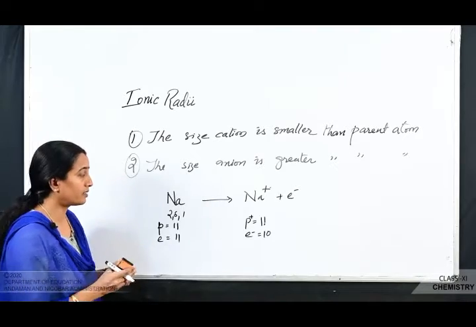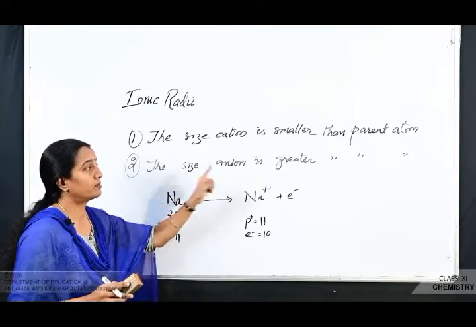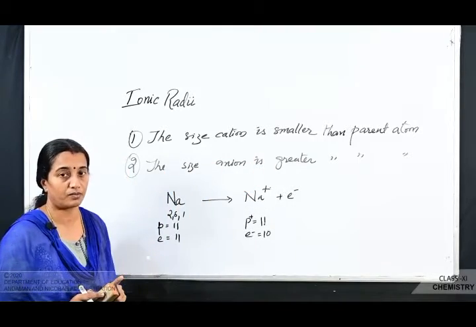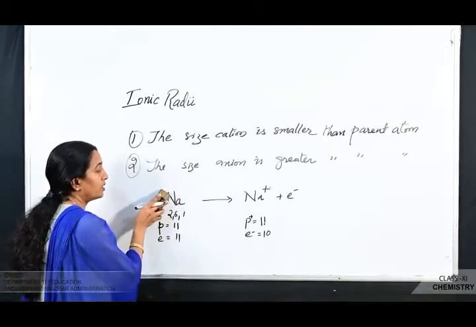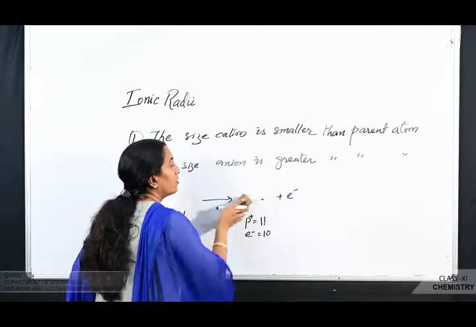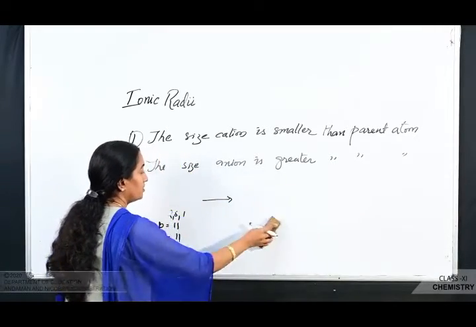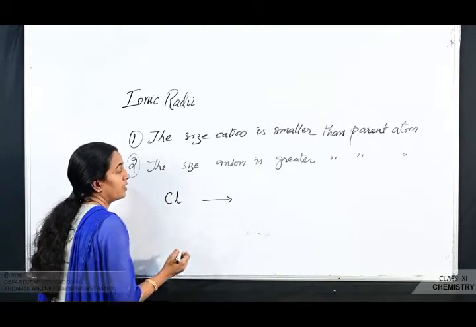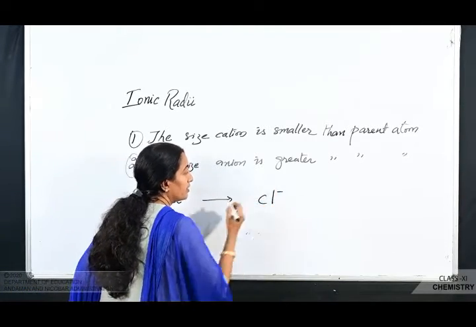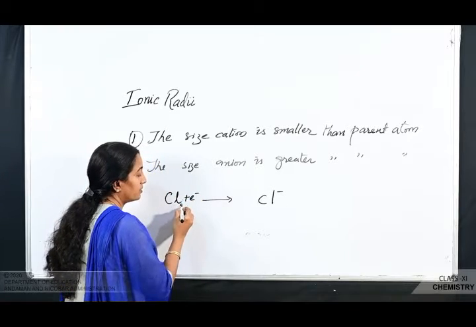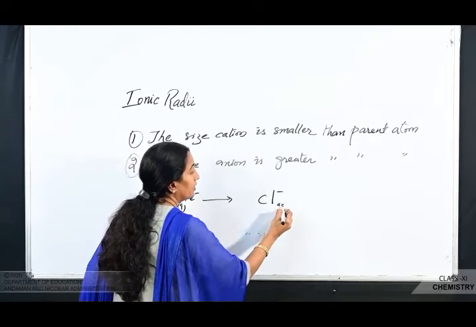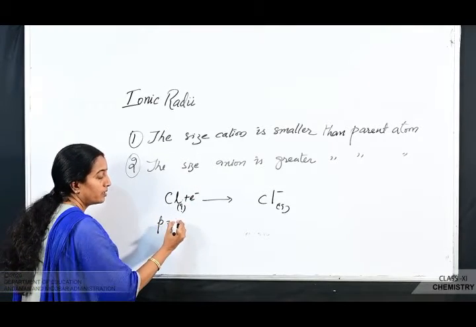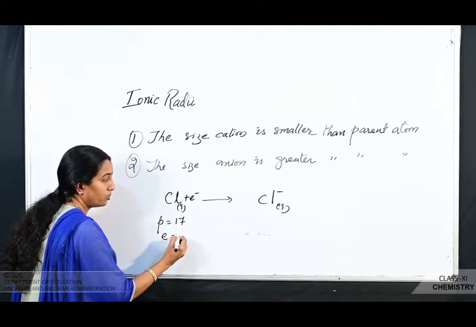Now we'll see the next fact, that the size of the anion is greater than that of the parent atom. So why is it so? We'll take the example of chlorine. Chlorine is going to gain an electron. Okay, it is a gaseous atom and it is going to gain the electron. Here the number of protons is 17, and the number of electrons is also 17.